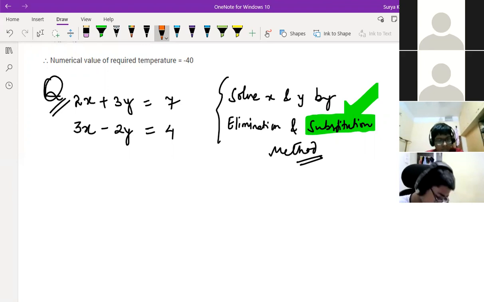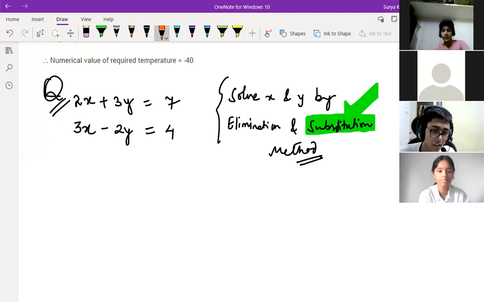Pulastya, did you solve by both the methods? "No, I only solved by one. I'm going to solve it with the other right now." Okay, Sahil? "I have done the substitution method. I am doing the elimination method."